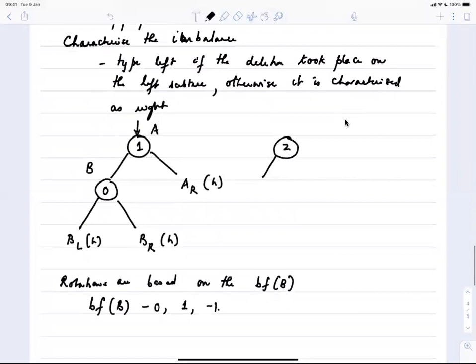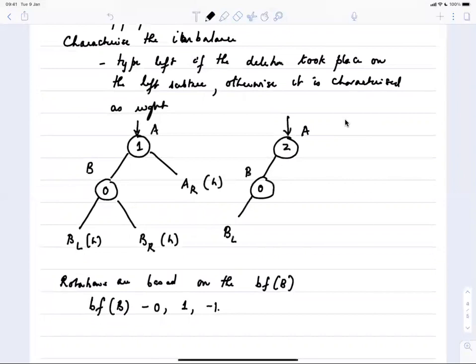Suppose A becomes 2, because there was a deletion on, sorry, let's say the balance factor gets disturbed at A. The balance factor of B is 0.